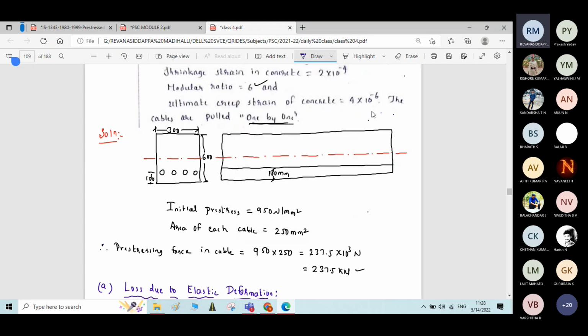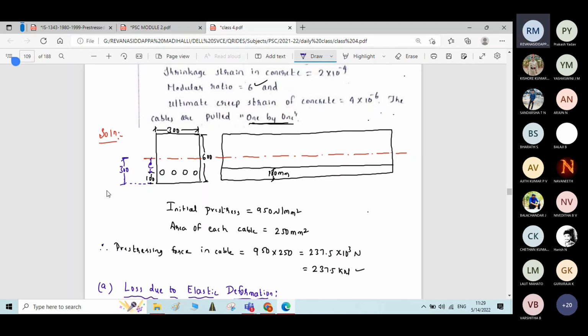What is eccentricity? Distance between the neutral axis or centroidal axis to the centroid of the cable is called eccentricity. Overall depth is 600, 600 divided by 2, 300.